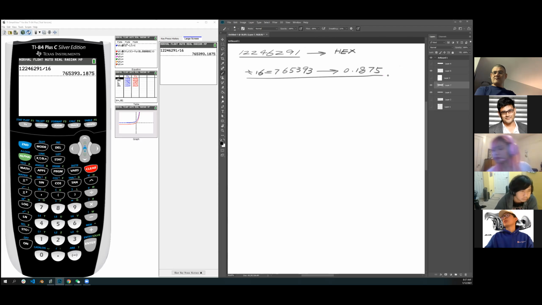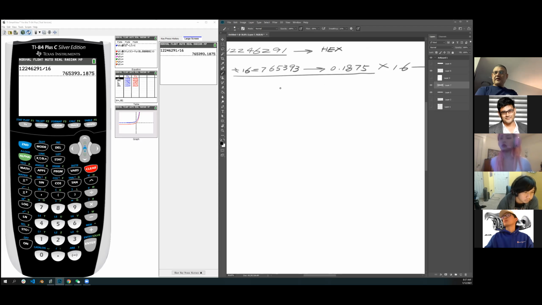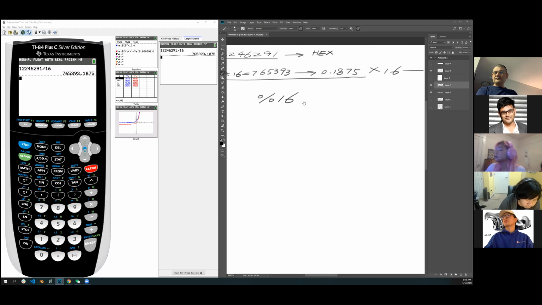This is my old way, and then I put this number times 16, it gave me 3. And then what Susanna mentioned was to put this number in Google, do percent 16, and then it directly gives you a 3.